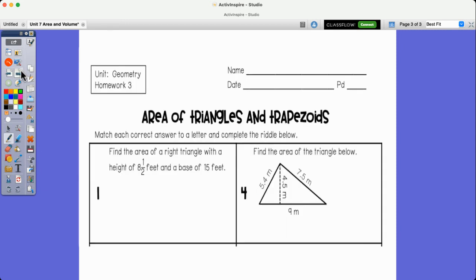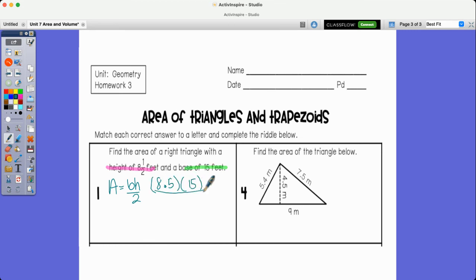Okay, this is from another page. This is your homework, and we're just going to do those top 2 problems. So go ahead and make sure you're on the right page right now. We're going to find the area of a right triangle with a height of 8.5 feet and a base of 15 feet. So we write our formula down. Area equals base times height divided by 2. And I'm going to plug in my numbers. I'm going to use 8.5 because that's a half. Decimals are a little bit easier to do.